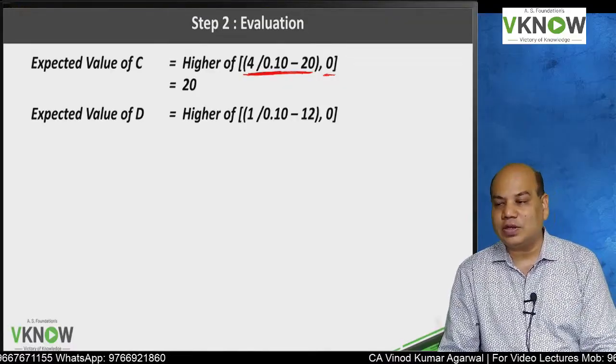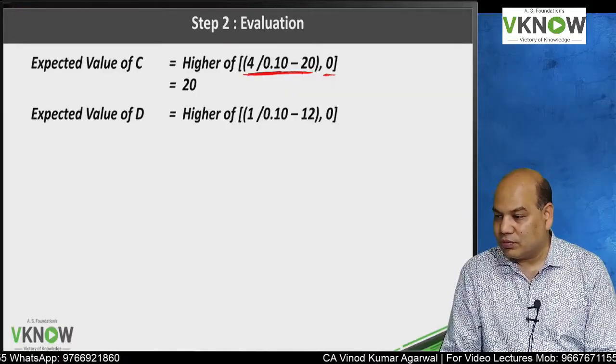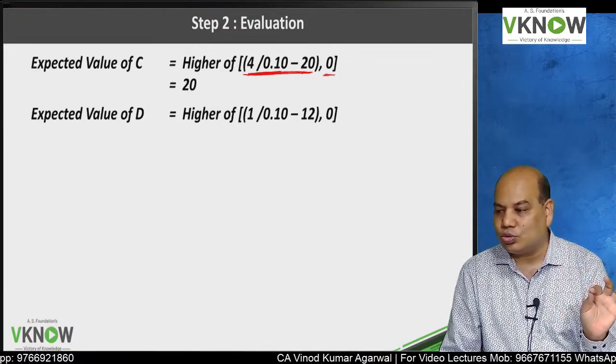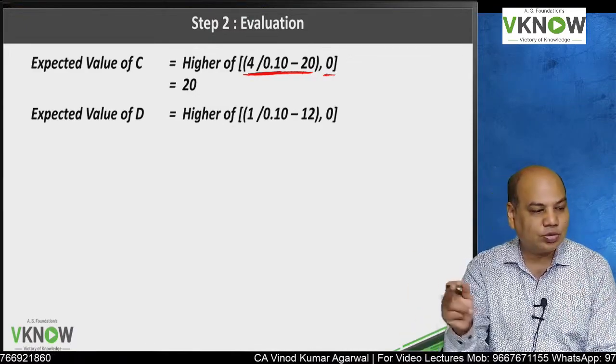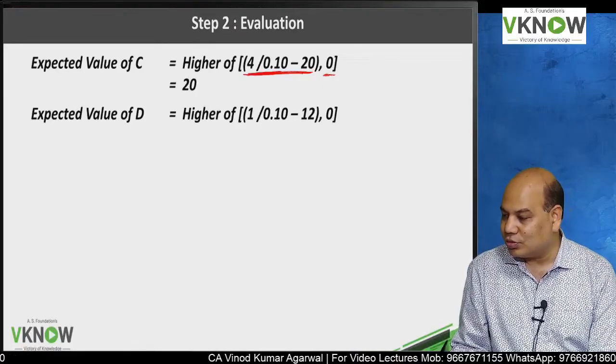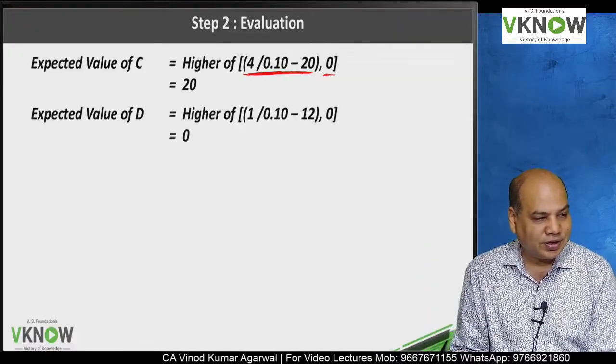So how much is the answer? 1 divided by 0.10 means 10, minus 12, minus 2 versus 0. Which is the higher number, minus 2 or 0? Please reply. Let me check your intelligence. 0 is higher. Very good.